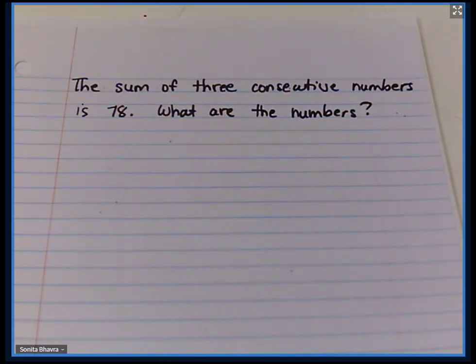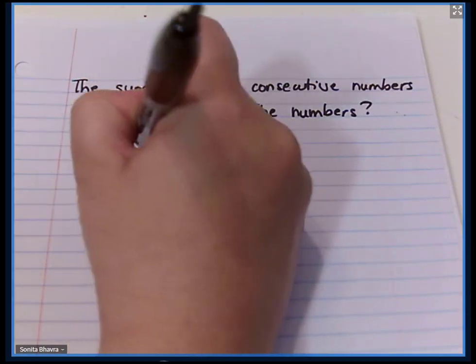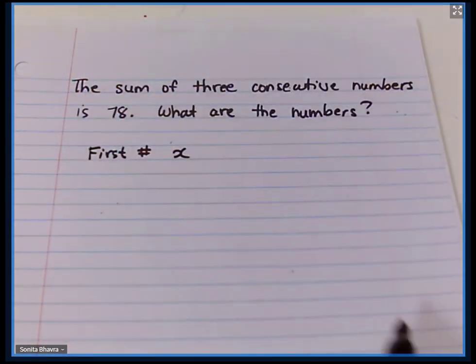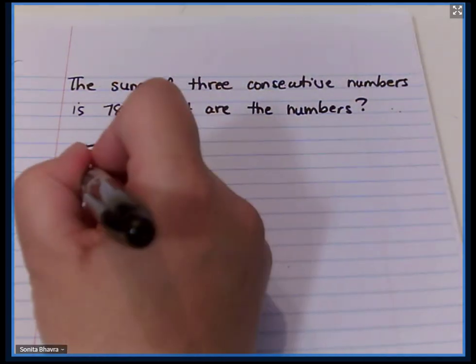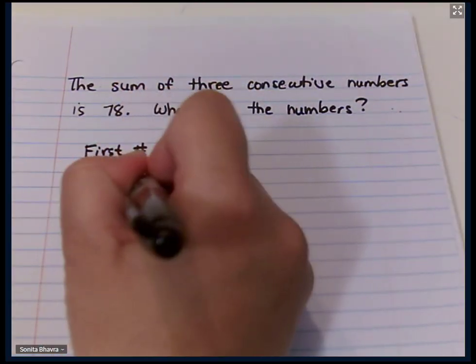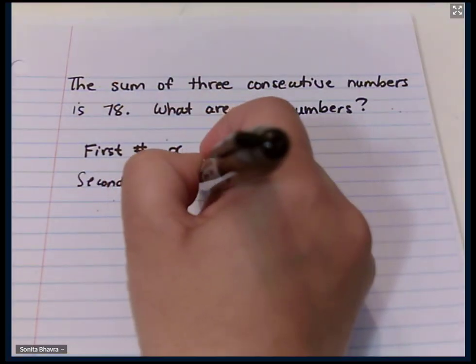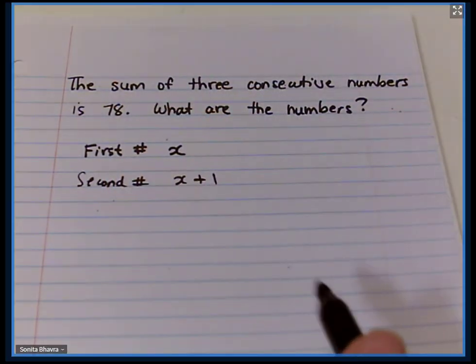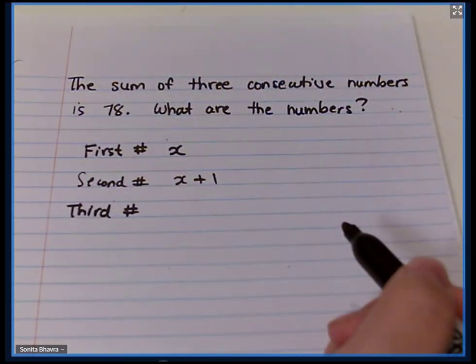When choosing our variables, our first number we will just call x, our second number will be x plus 1, and our third number will be x plus 2.